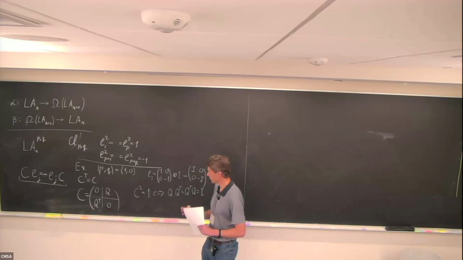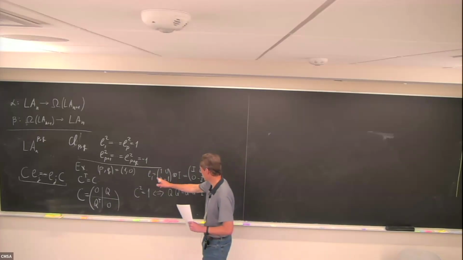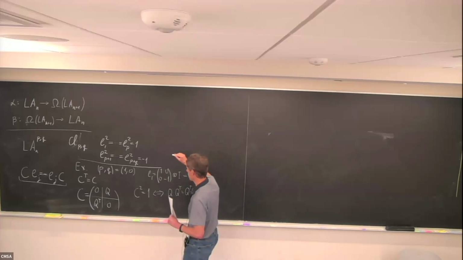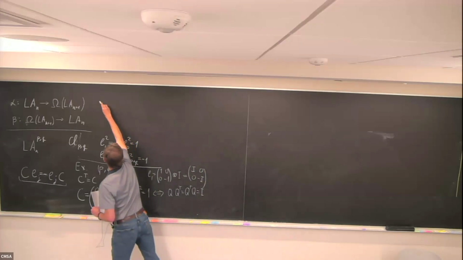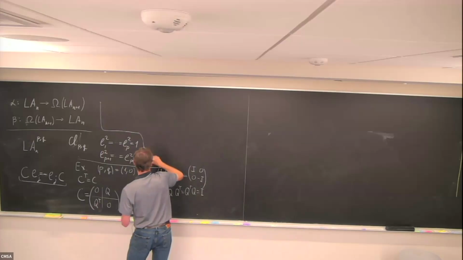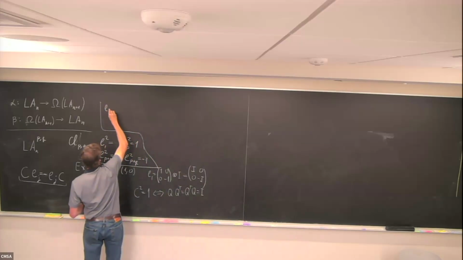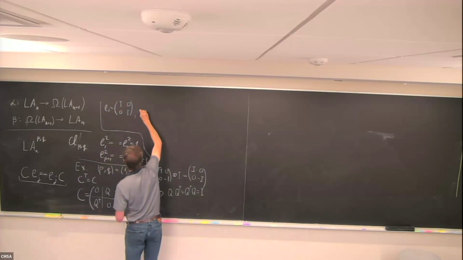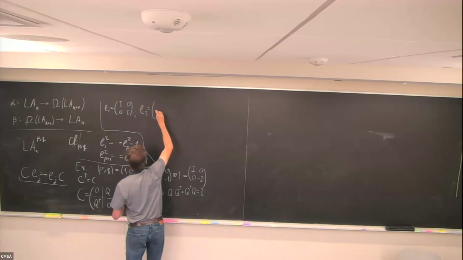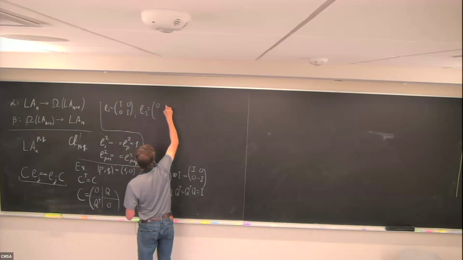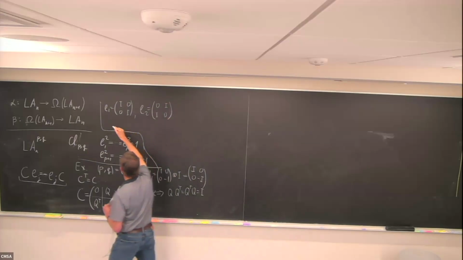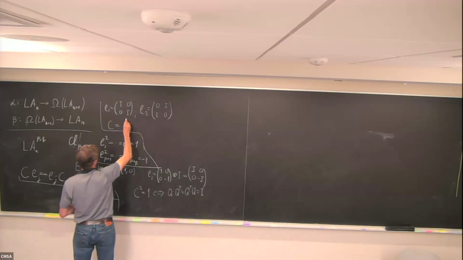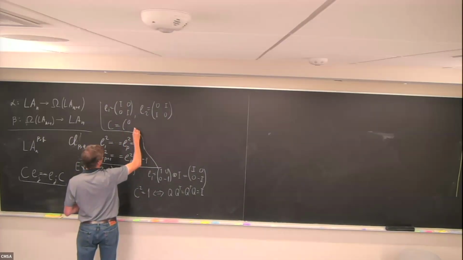And symmetric matrices with 2 Clifford symmetries, if we add E2 and E1 as before, then C equals 0, Q, Q transpose, 0.